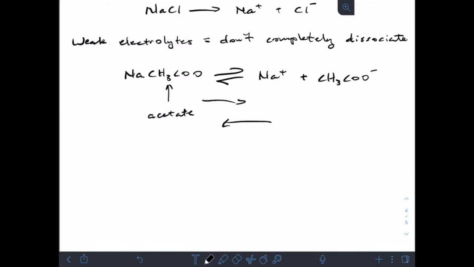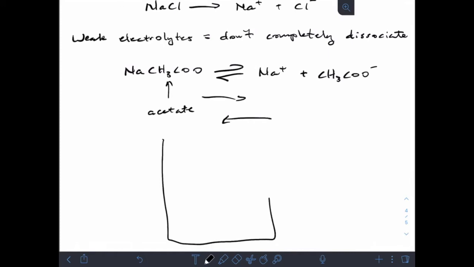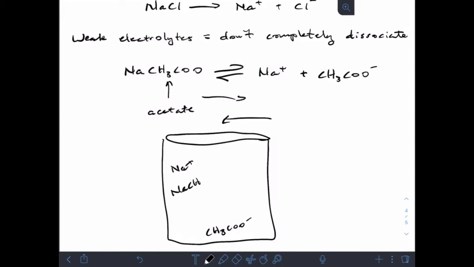To see what that looks like in solution, if I have a beaker of sodium acetate, I'll have some sodium and some acetate, but mostly I will have the whole molecule together. Some of it stays together, some of it comes apart. If any of it stays together, then we categorize it as a weak electrolyte. And we'll get into how to tell the difference in a little bit.